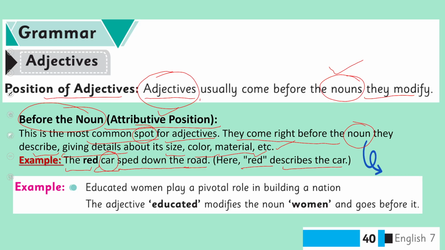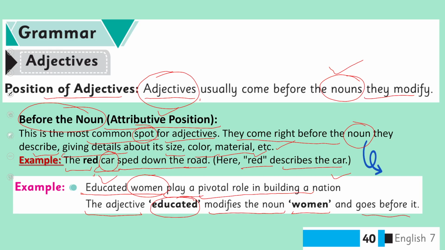Let's look at another example. It says, educated women play a pivotal role in building a nation. Can you identify your noun? Yes, women is our noun, and the adjective educated modifies the noun women and goes before it.